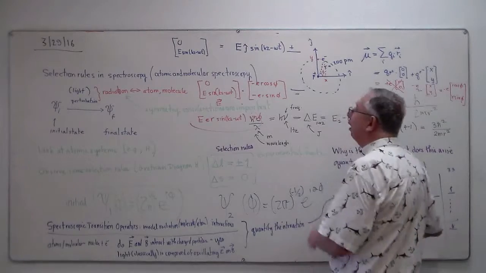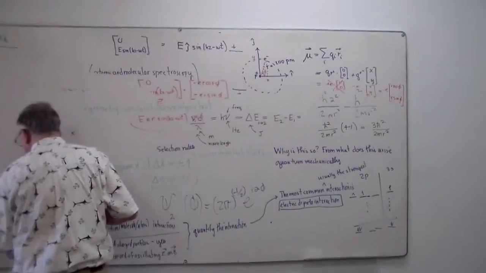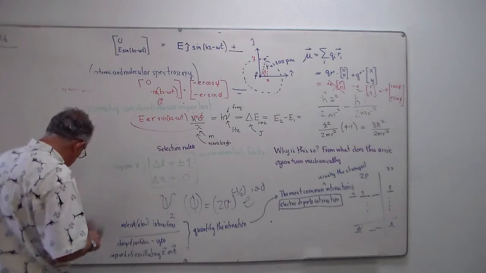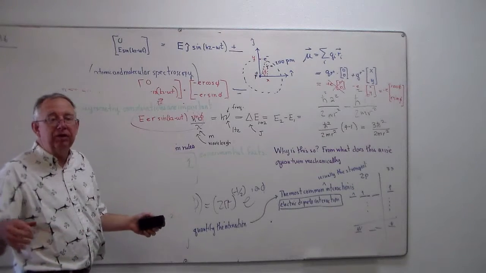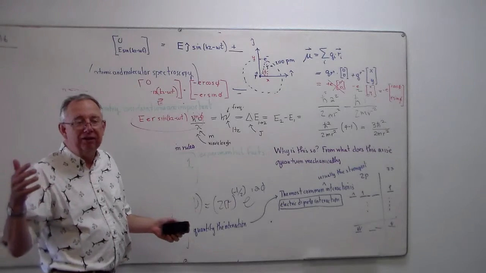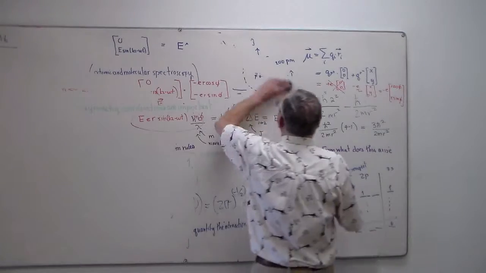I think I'm just going to start by erasing the whole board. Now what you're doing in molecular spectroscopy is using group symmetry to figure out whether selection rules are zero or non-zero. Here we're just going to beat through with the calculus.